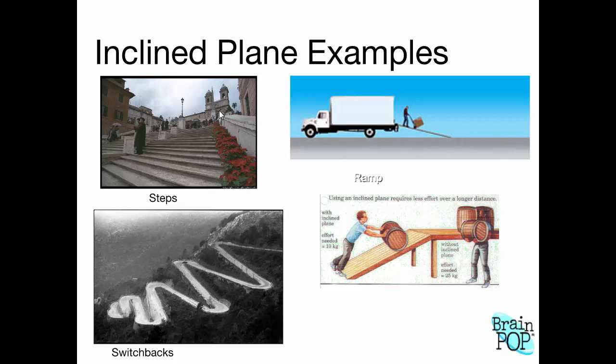That allows a person that's using a wheelchair to not have to exert so much force to get up those stairs. You don't have a ramp that's just the exact pitch of the stairs. It would be too difficult. So again, it's an inclined plane. Okay. Any questions about inclined planes?